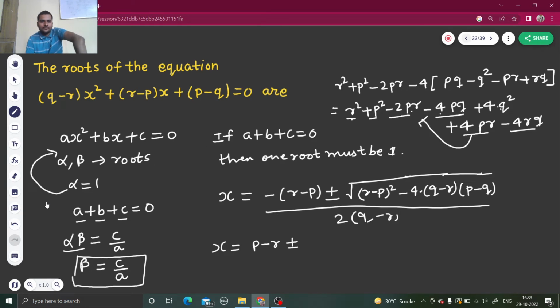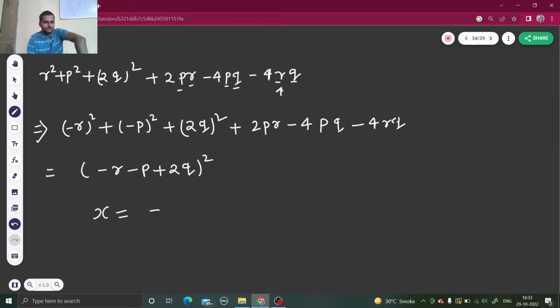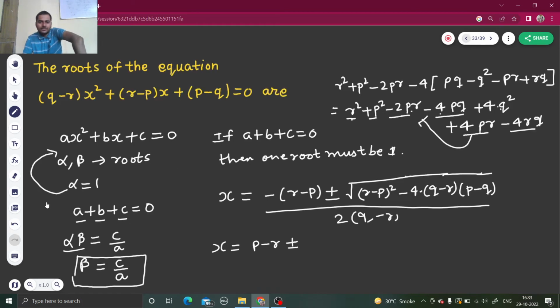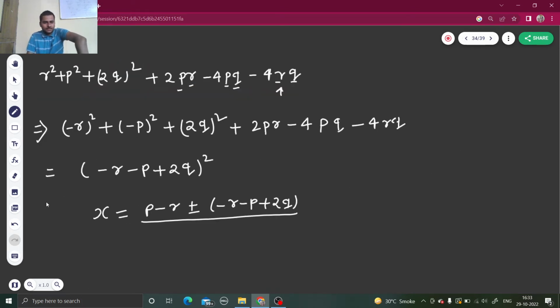So I have p minus r plus minus of minus r minus p plus 2q, divided by 2 times q minus r. So your x equals to, there will be two cases, one with plus and one with minus.